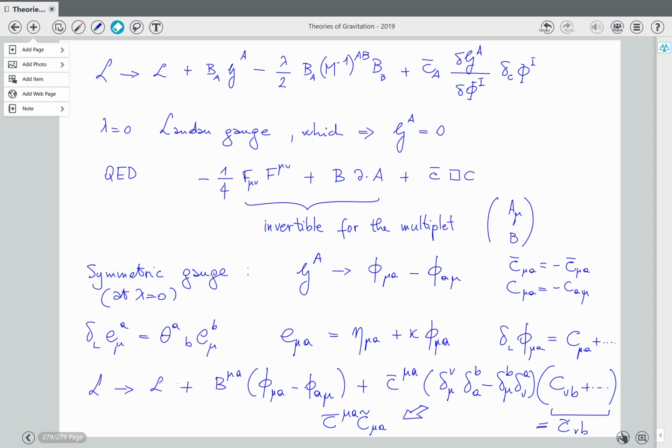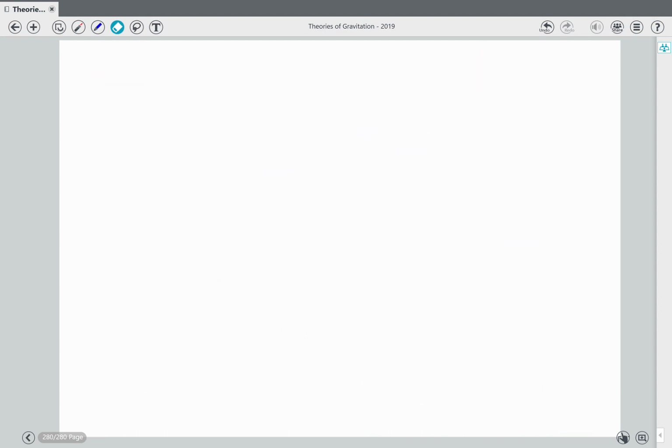Another gauge fixing that sometimes is used for the vielbein is as follows.